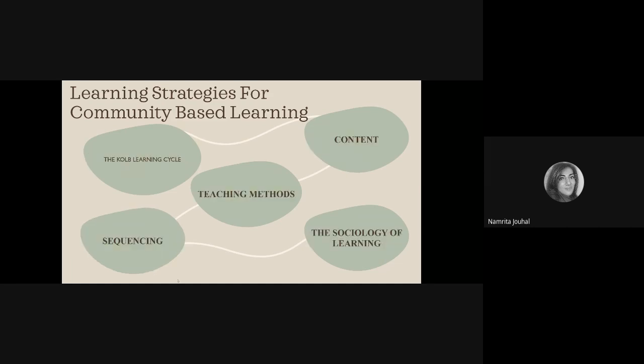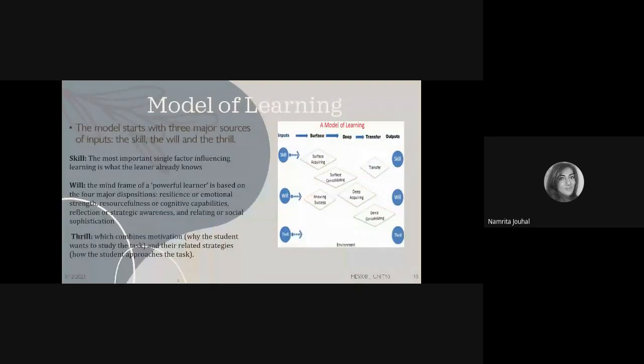Okay, so the Kolb cycle. As per the Kolb model of learning, he had a learning cycle. He said content, teaching method, sequencing, and sociology of learning should all be taken into account. The model starts with three major sources: skill, will, and thrill.